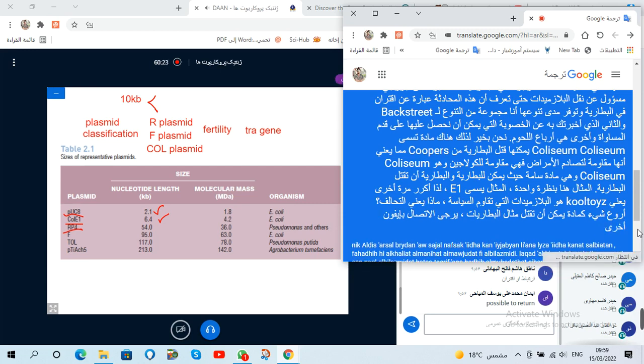Another type, degradative plasmids. I will write it here. I'm sorry, I told you incorrectly. Degradative plasmids.